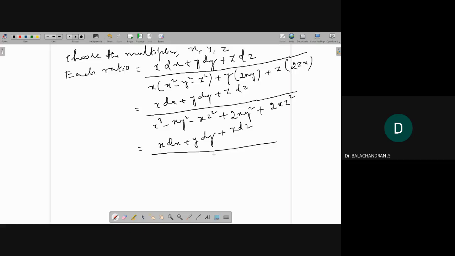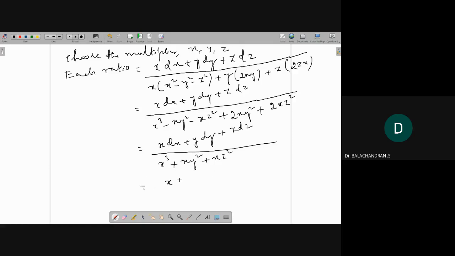If you simplify the denominator, you get x cube minus xy square plus 2xy square, you get xy square. If you add these two, you get xz square. So in the denominator you can commonly take x.